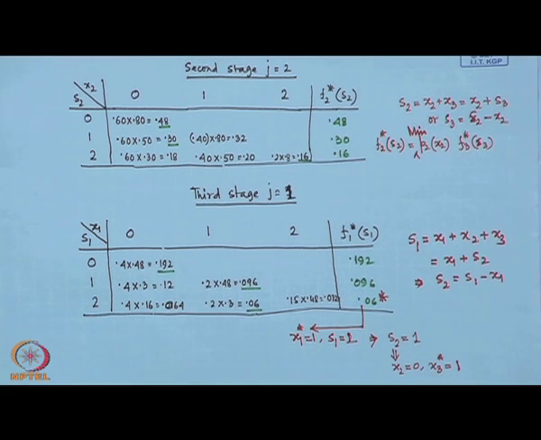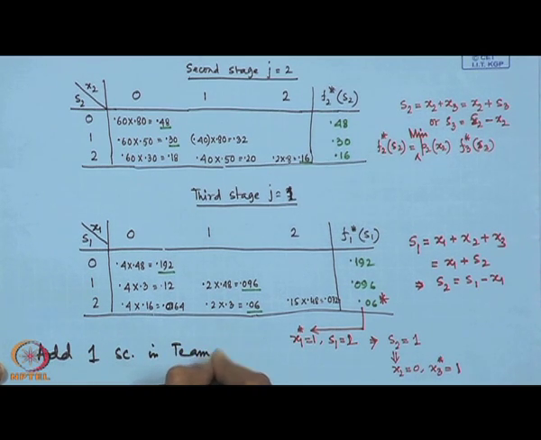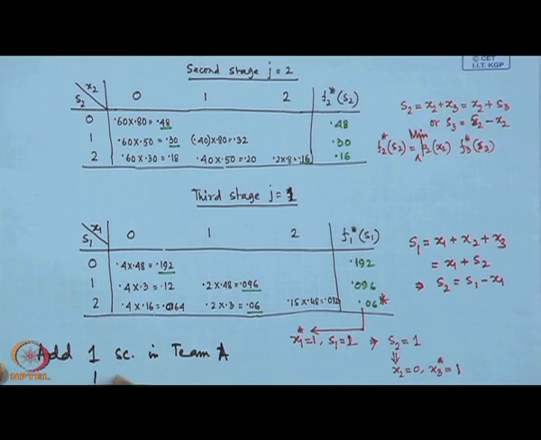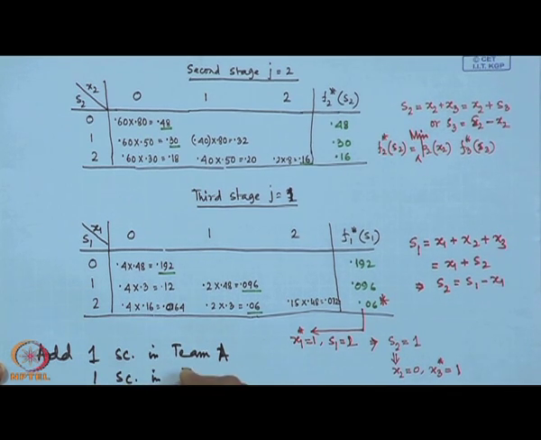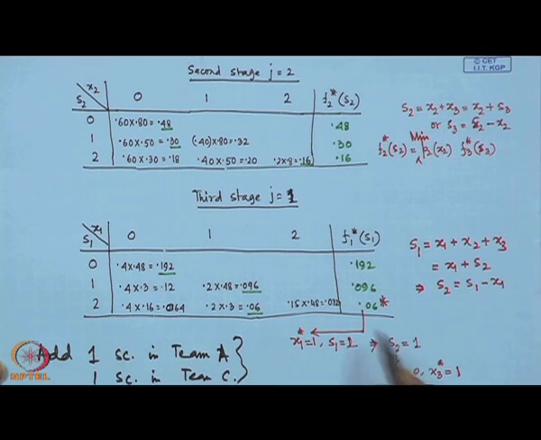That means the conclusion says that add one scientist in team A and one scientist in team C, no inclusion in team B, then the joint probability of failure will reduce from 0.192 to 0.06, and that is the beauty of dynamic programming technique.